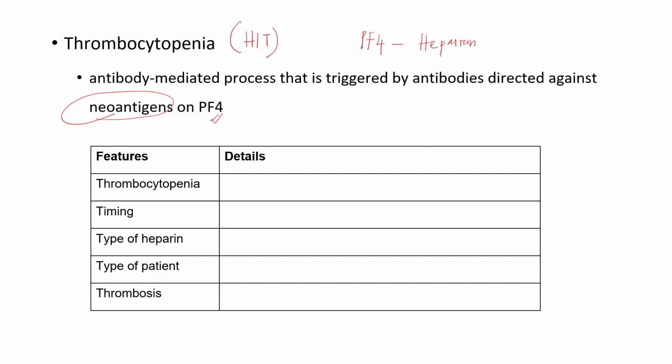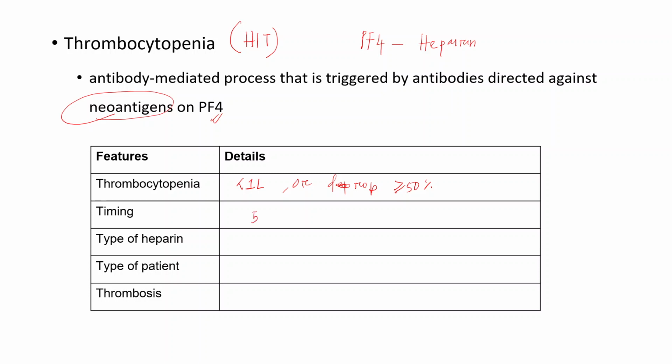Okay, so what are the features of heparin-induced thrombocytopenia? The first point is thrombocytopenia itself, and how will you define it? Either a platelet count of less than 1 lakh, or a drop of more than or equal to 50%. Second point is, what is the timing?